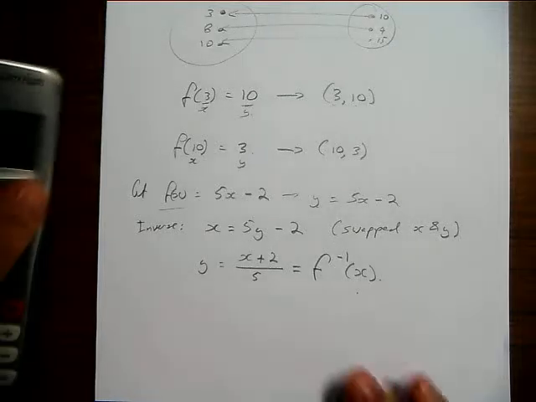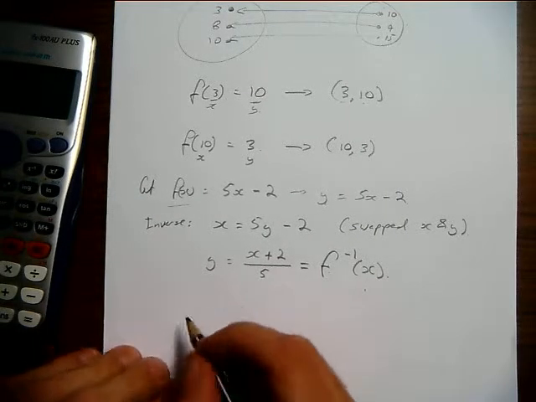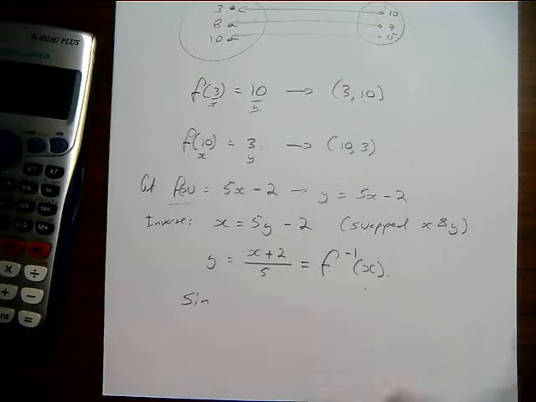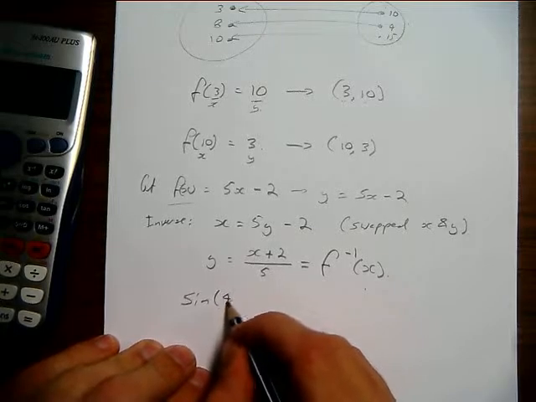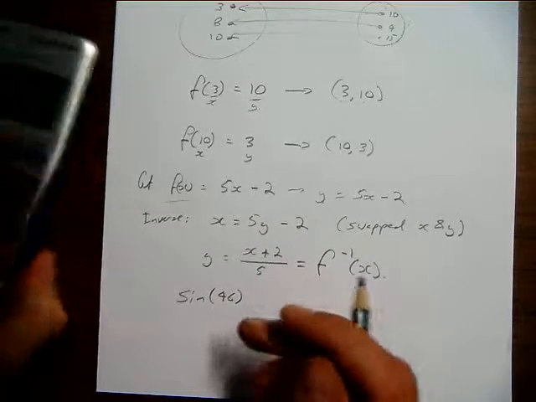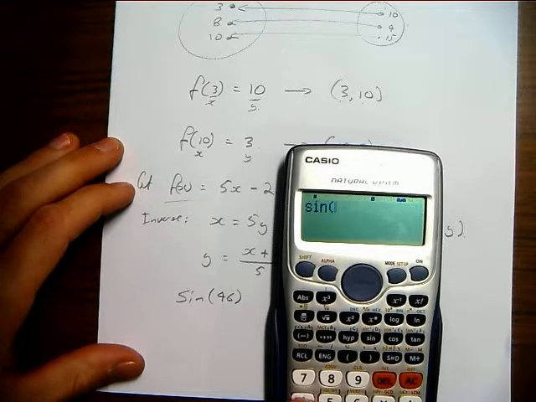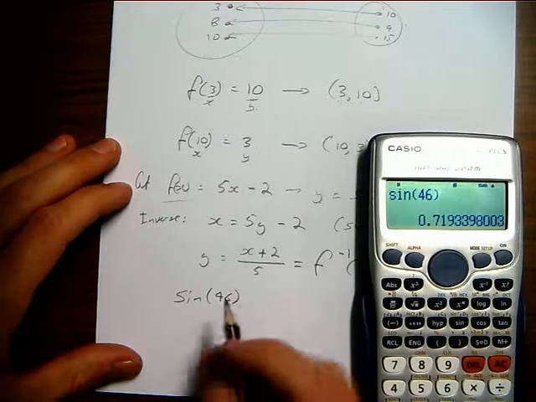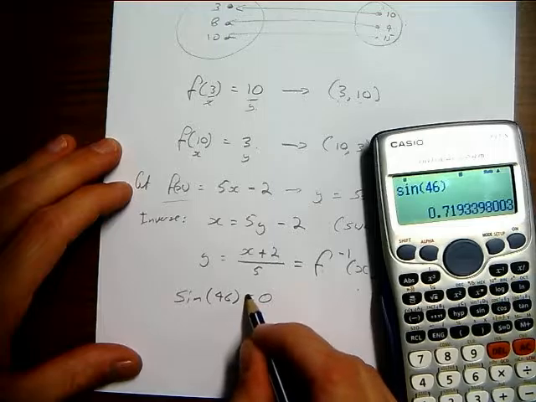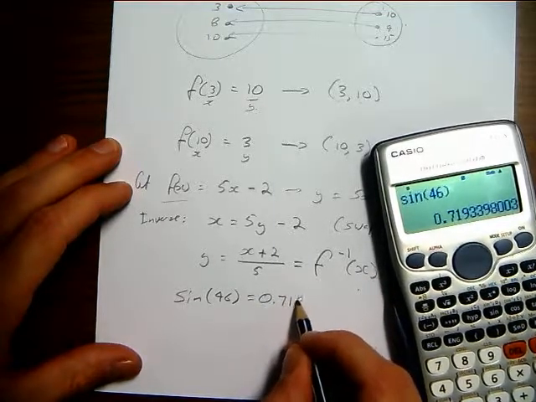Let's say I have sine. Someone pick any number that I can put in. 46. So if we do sine of 46, and this won't matter if it's in degrees or radians, I just want the output. This is approximately 0.719.